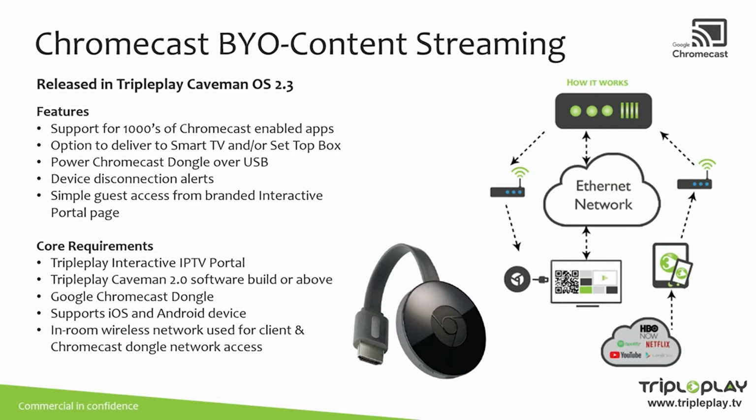So Chromecast BYO content streaming. One of the big shifts in the way that people consume content over the past couple of years has been Netflix, Hulu, HBO, Amazon Prime, YouTube, Google Now.